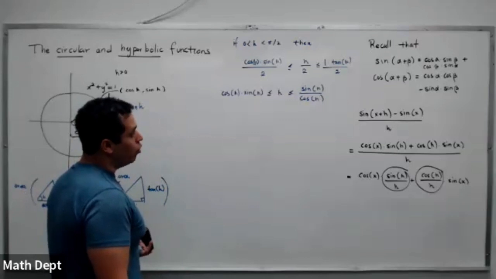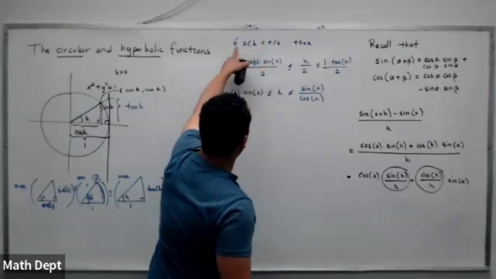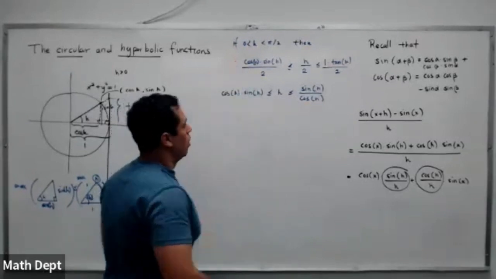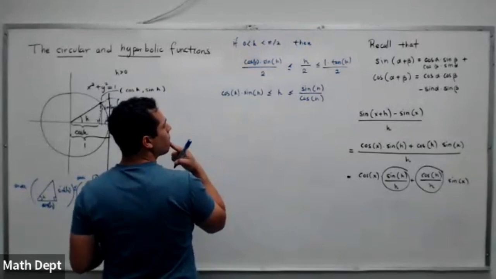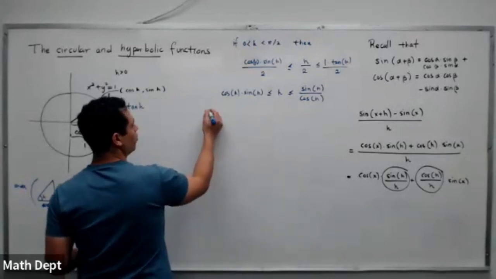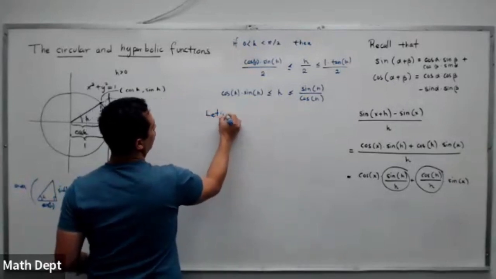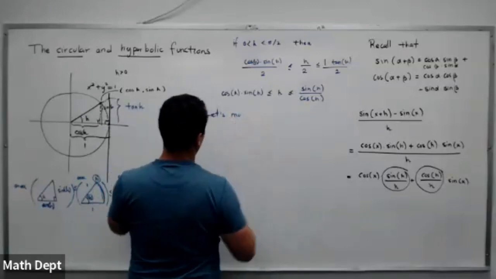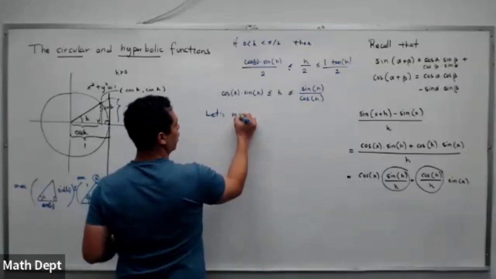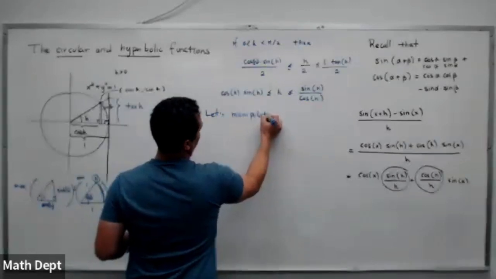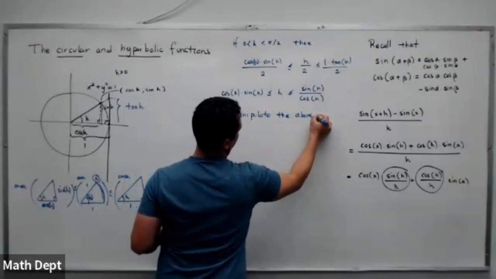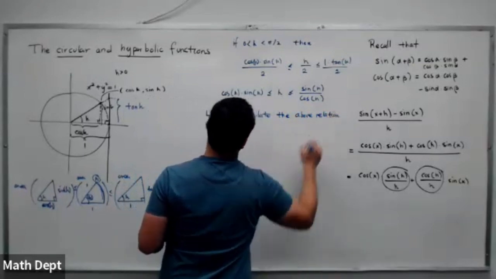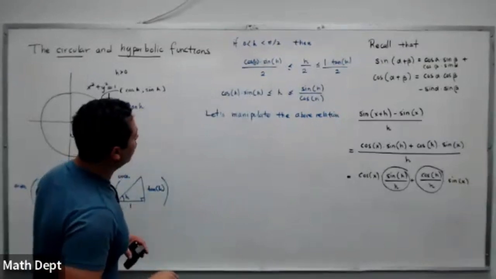I'm going to multiply everywhere by 1 over H. Well, should I do that? Not necessarily. Let's massage, let's manipulate the above relation for a second.